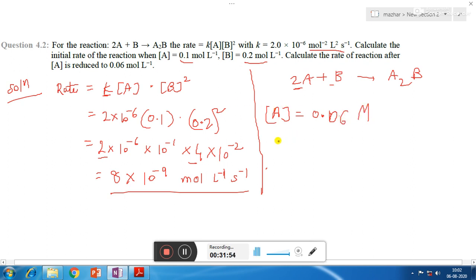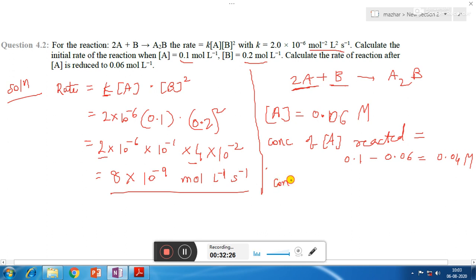Now what will be the concentration of B? First of all we have to find out the concentration of A which has reacted. Initially the concentration was 0.1 and now it is 0.06. So the concentration of A reacted is 0.04 molar. Now we know 2A plus B, so that means against 2 moles of A, 1 mole of B gets reacted.